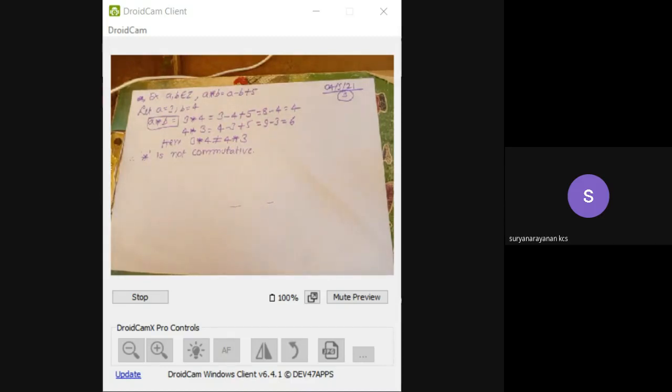If A star B is equal to B star A, then we say that the operation satisfies the commutative property. Is this point clear? Yes, sir.